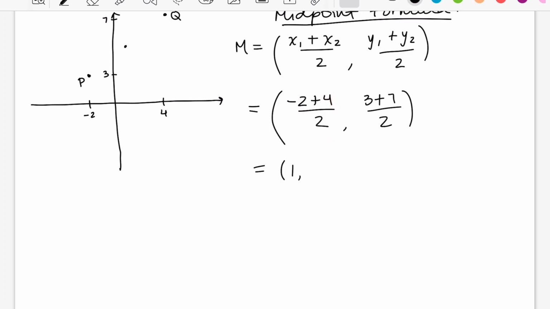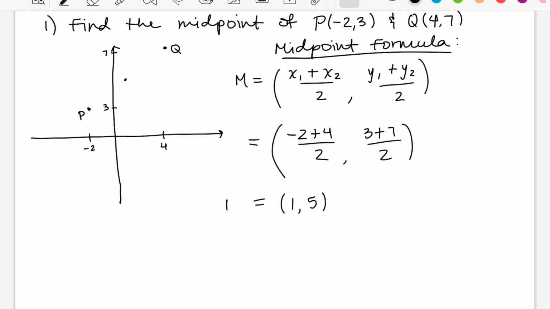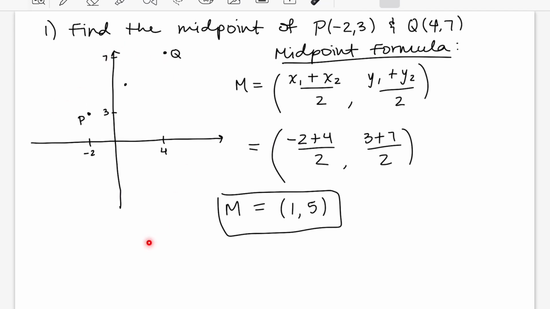Then 3 plus 7 over 2 is 10 over 2, so that'll be 5. So this is our midpoint here. And if you look at this rough sketch, we kind of estimated that this would be the point. That's kind of close to 1, and this is roughly 5. So this would be our midpoint between our 2 points, P and Q.